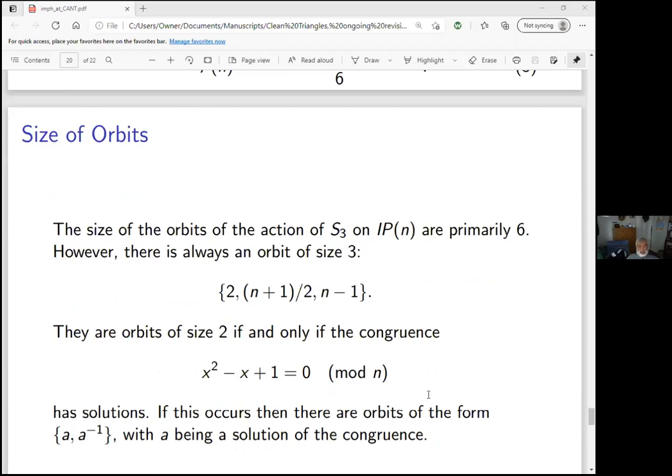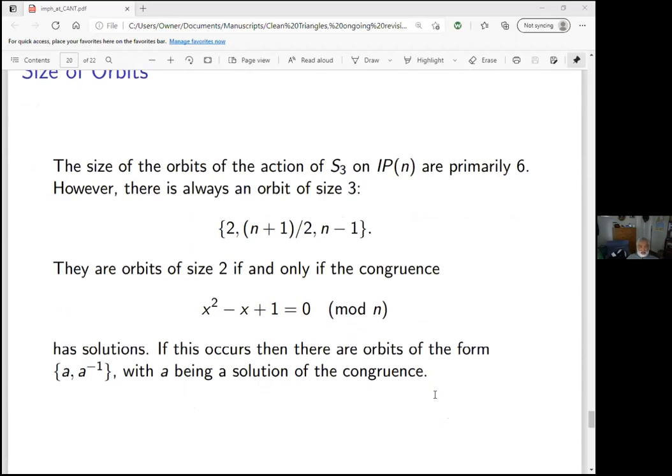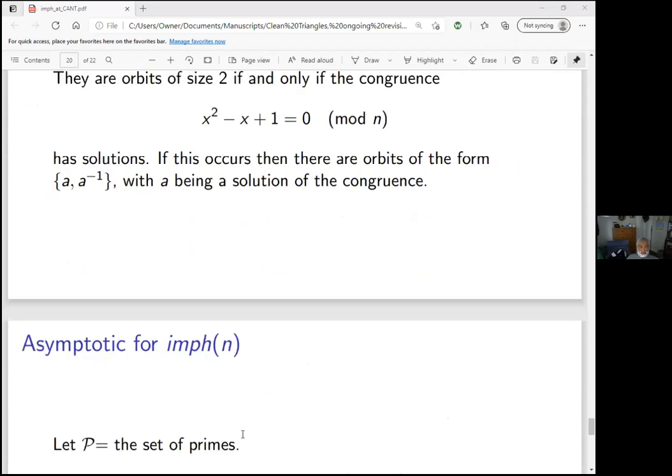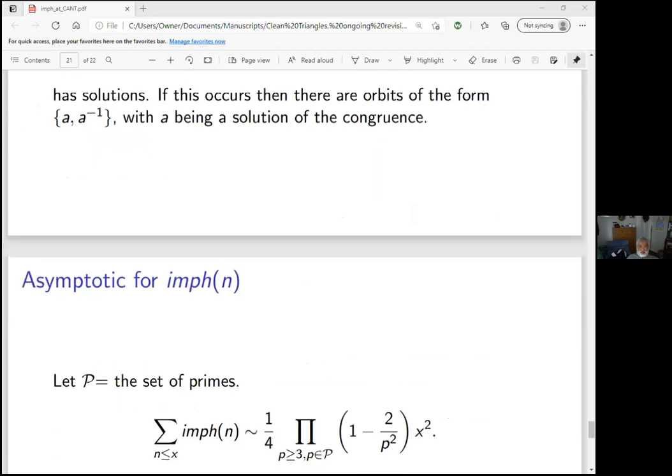The other thing that we did was we decided to try and work out the average order of T of n, and that basically boils down to working out the average order of IP_H of n. And so when we did that, it came out very nicely, and basically this is the average order of IP_H of n. And the nice thing is that this infinite product actually has appeared in the literature before.